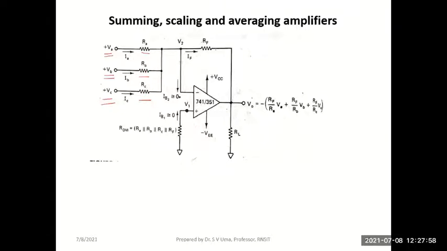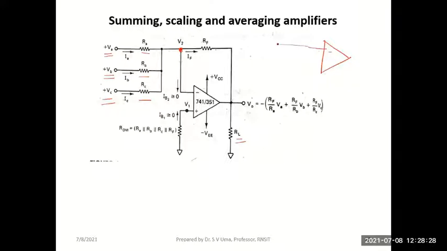Let me consider the voltage at the inverting terminal as V2, the feedback resistance as RF, and the load resistance as RL. And I know that I should connect a resistance which is the Thevenin's resistance seen from the inverting terminal to ground.